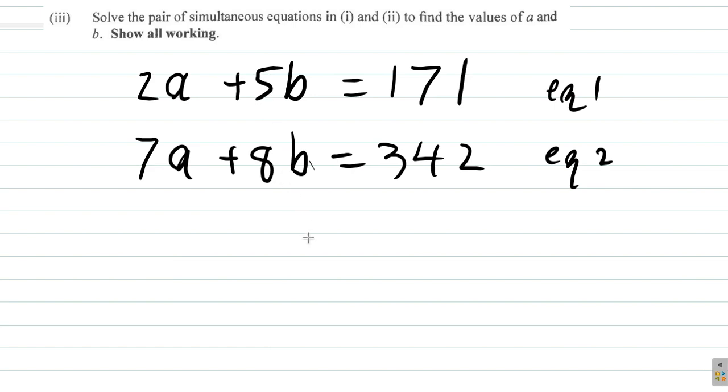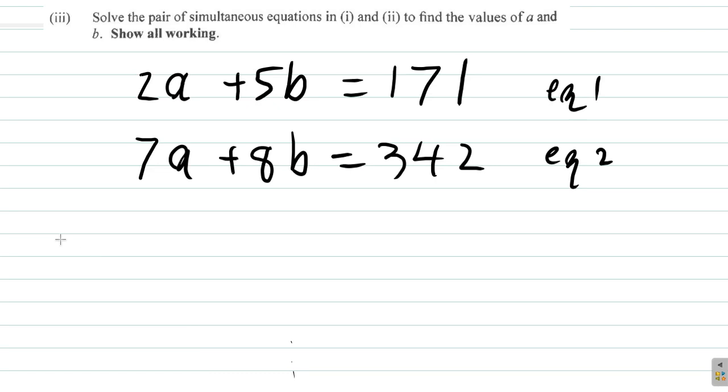If you add 5b and 8b, 8 and 5 is 13, 13b. B would still be there. So you cannot get rid of A or B by adding them. So you had equation 1 plus equation 2 and it didn't help you. You still have A and you still have B.